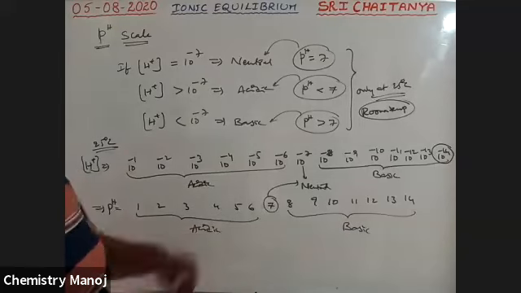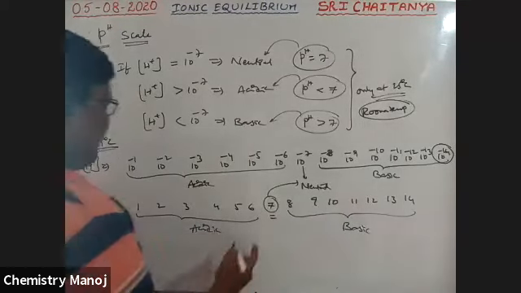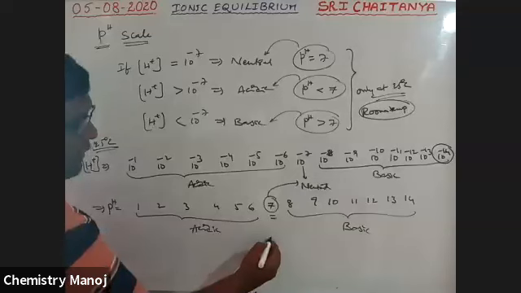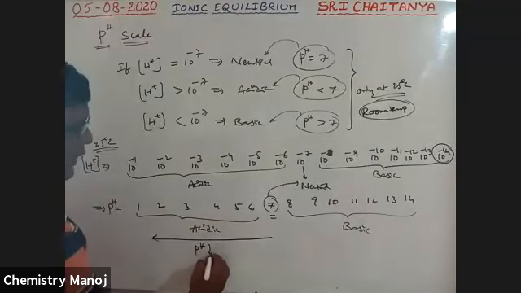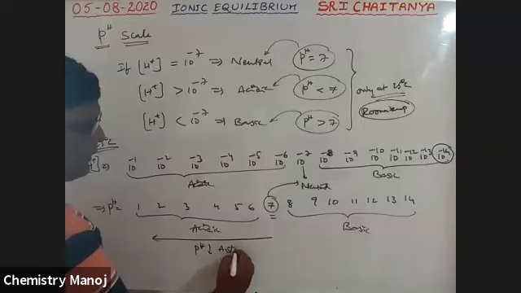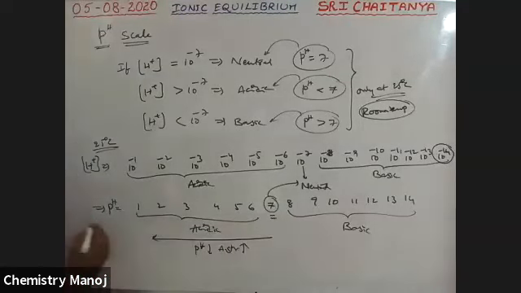Okay, so pH equal to 7 is the neutral case. As pH value decreases, acidic strength increases.